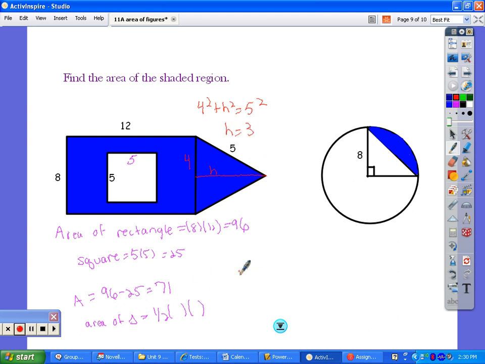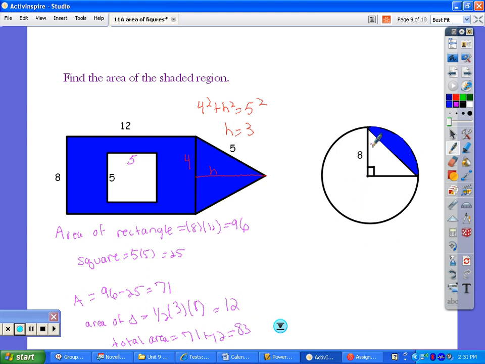And so we have 1/2, our height is 3, our base is 8 because it's the length the whole way. So our area of the triangle is 12, and then we add it to the area of the shaded part of the rectangle, which we found is 71. We add the triangle, which is 12, and we get 83 as our total area.